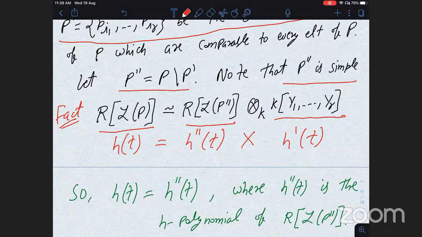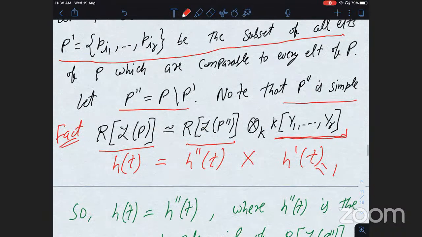But the second ring is a polynomial ring K[y1, ..., yr]. So in that case, H prime of t will be equal to 1. The Hilbert series will be 1 over (1 minus t) to the power r, where r is the number of variables that we have. So H(t) is actually equal to H double prime of t.